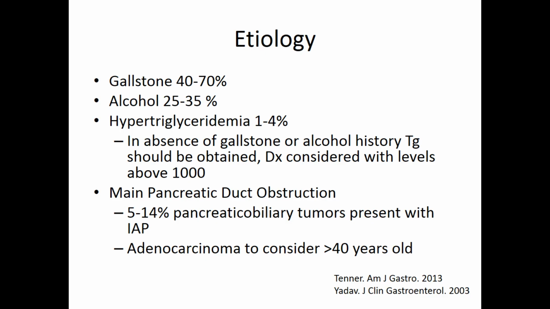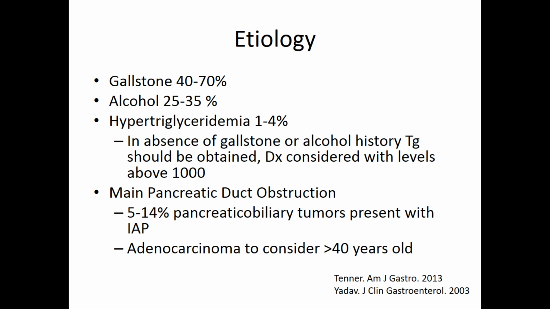So we see that gallstones represent about 40 to 70% of the etiology of acute pancreatitis, followed closely by alcohol. And hypertriglyceridemia is also up there, at 1 to 4%. In patients that do not have any history of gallstones or alcohol intake, you should obtain a triglyceride level.